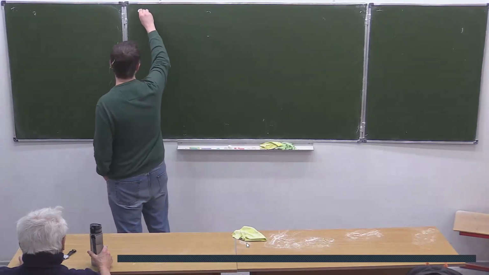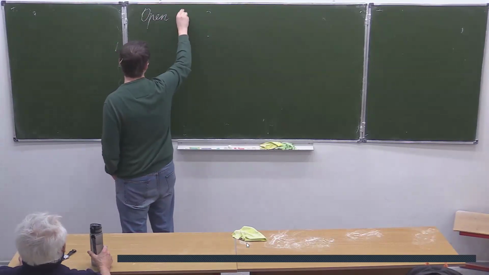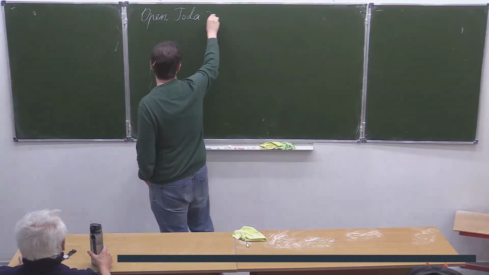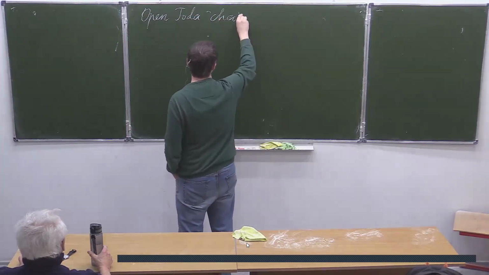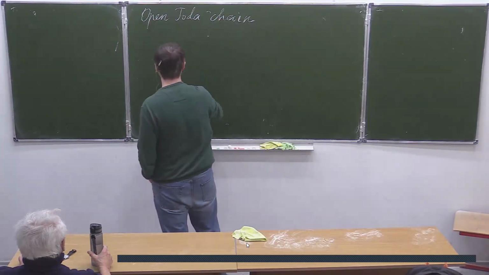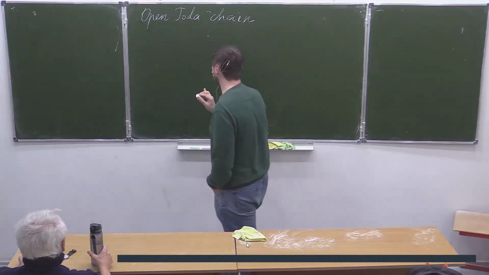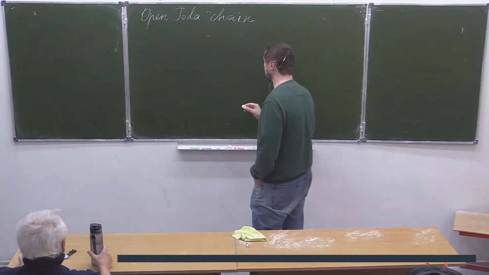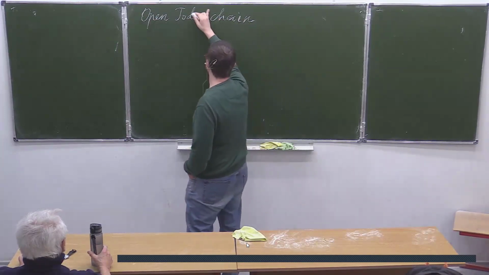So first of all, let me recall that the usual Toda system, Toda chain, open Toda chain, is the system which is determined by its Lax form. Actually, there are different ways to introduce open Toda chain as well, but I'll stick to the Lax form.